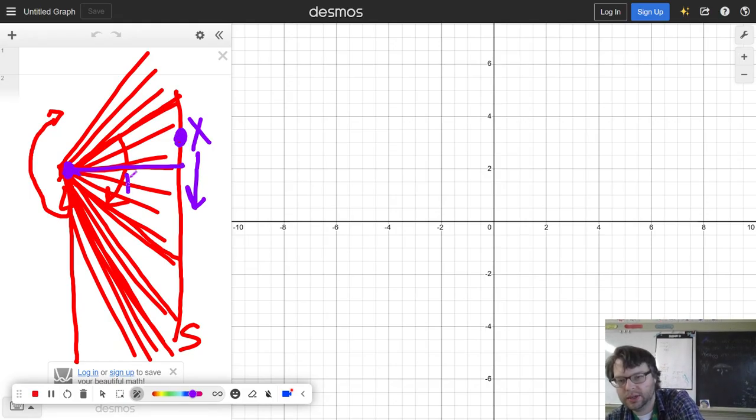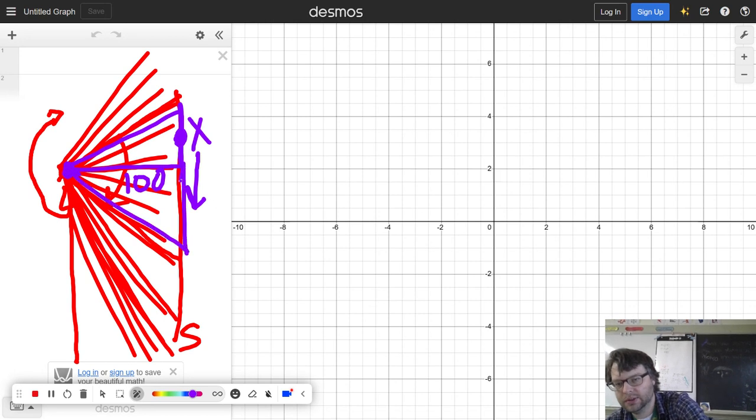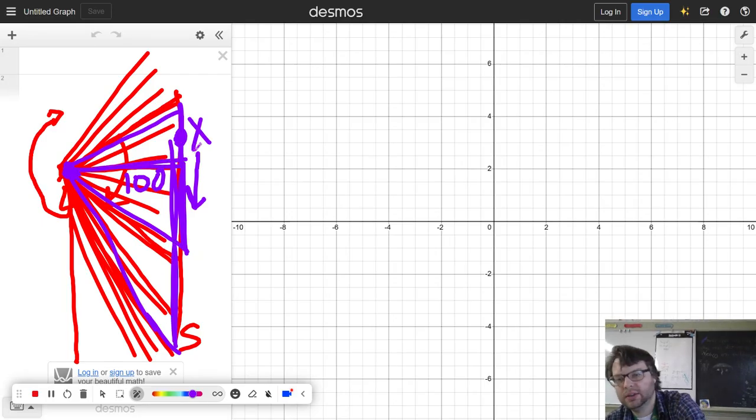Okay, we're also told that the lighthouse is 100 meters away from the shoreline. And so no matter where I draw that point X, we create a right triangle. We could consider that right triangle, or this right triangle, or this right triangle here. And each of those right triangles has a certain angle right there.